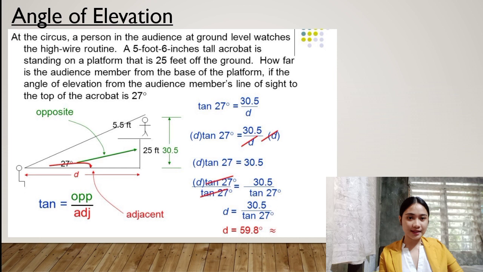Are we clear? So this is the distance of the people from the acrobat.